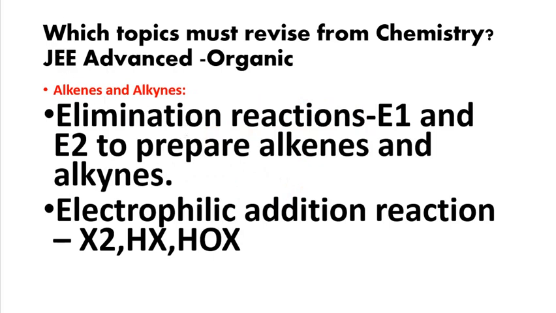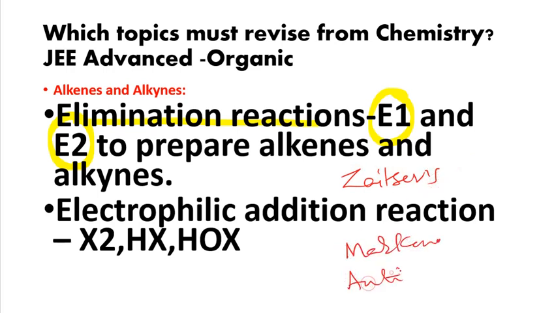So here from alkenes and alkynes, elimination reactions of E1 or E2 in the preparation of alkenes and alkynes. Okay, so here just focus on Zaitsev rule, Markovnikov rule, anti-Markovnikov rule and Hofmann products.